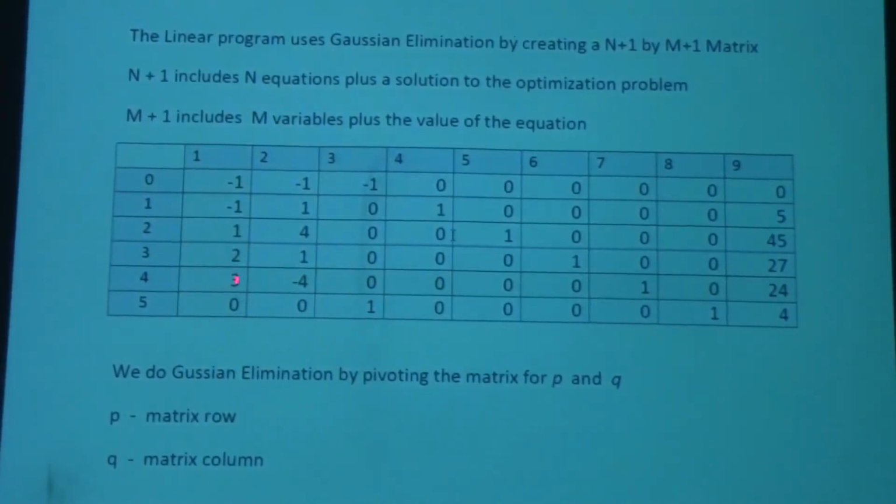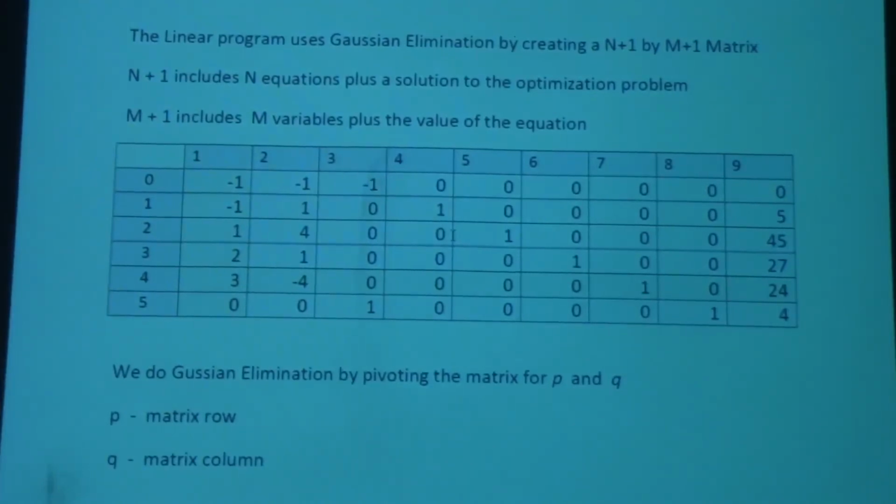If I want to have a 1 here, because I want to know what is 1 times x1, I have to divide this equation by 3. And that will give me 1. Then I have minus 4/3 plus 1/3 y4 is equal to 8. Okay? So that's going to be our goal.